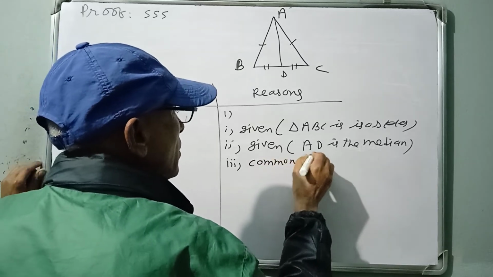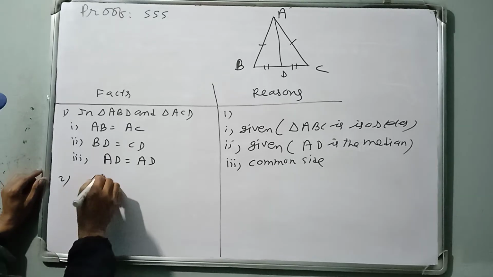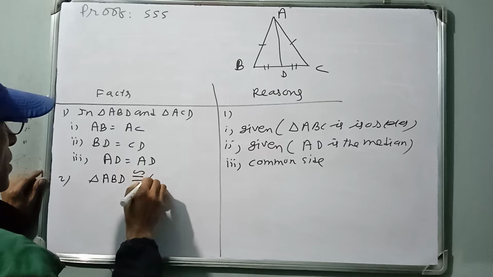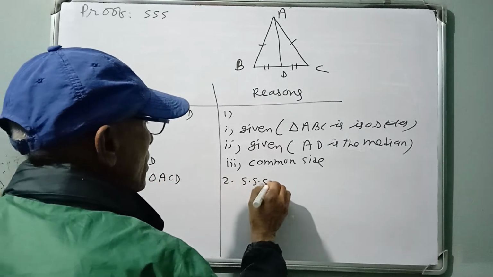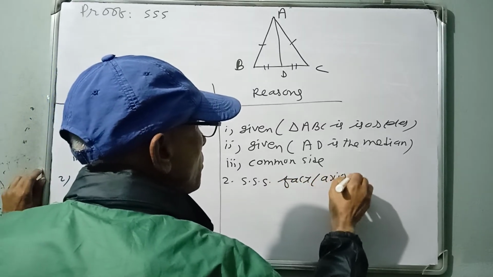Common side. From this, triangle ABD is congruent to triangle ACD by the SSS fact or axiom.